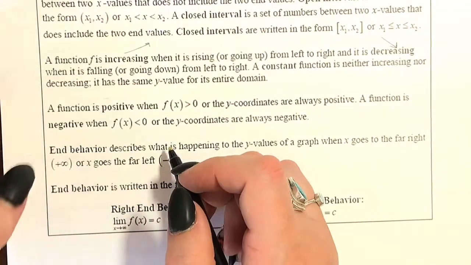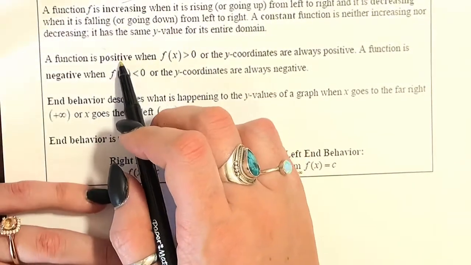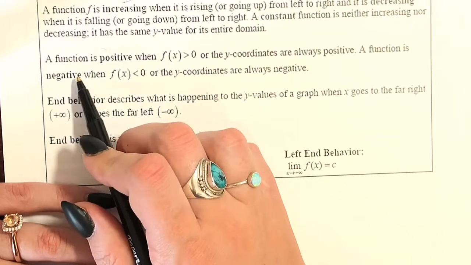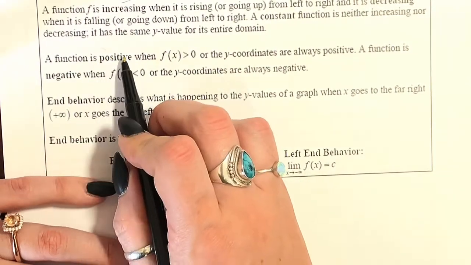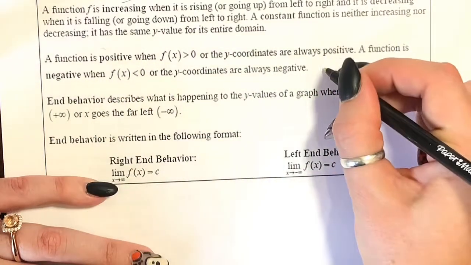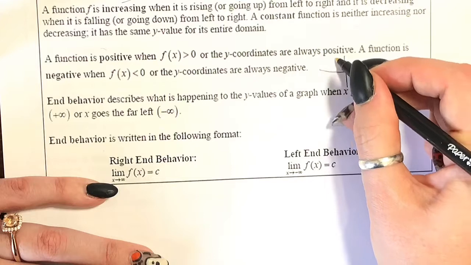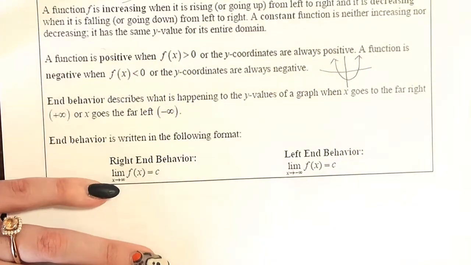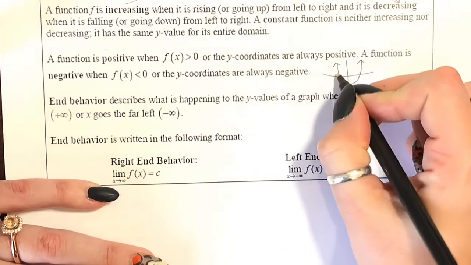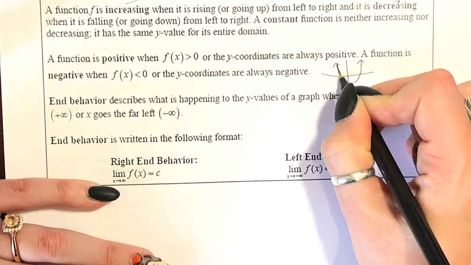And then the other type of characteristic that we'll use intervals for is to tell if a function is positive or negative. Positive and negative has to do with whether it's above the x-axis or below the x-axis. So like if I have my little graph here, let's say I have this parabola. A positive graph is going to be when it is above the x-axis. So from here to here, it's positive.